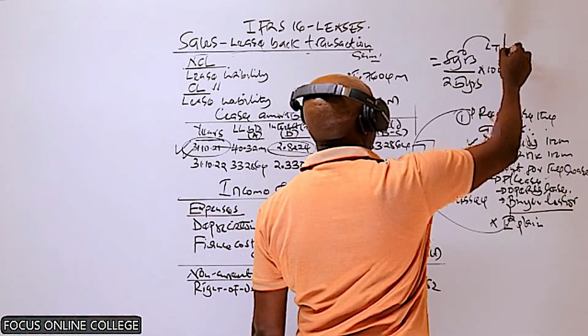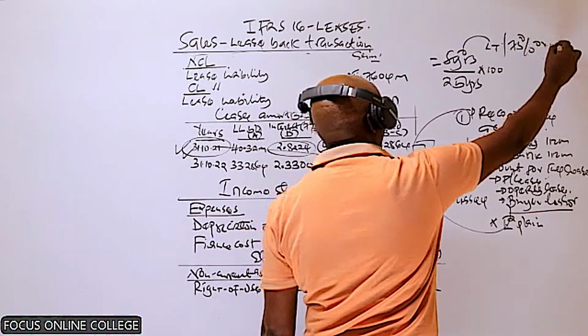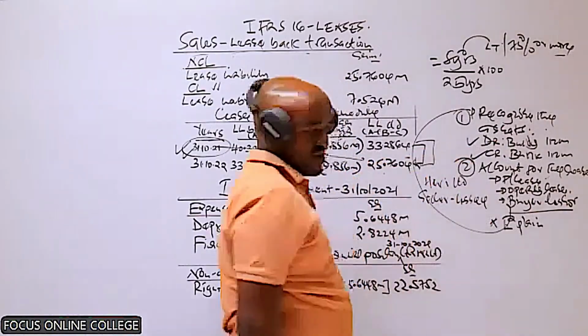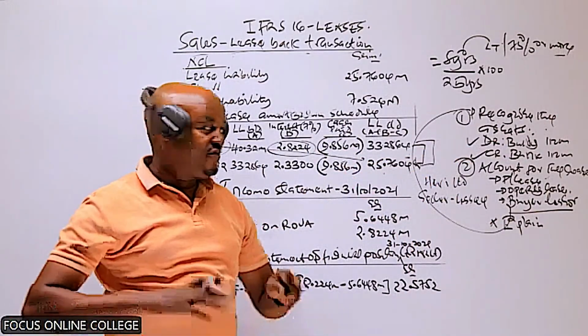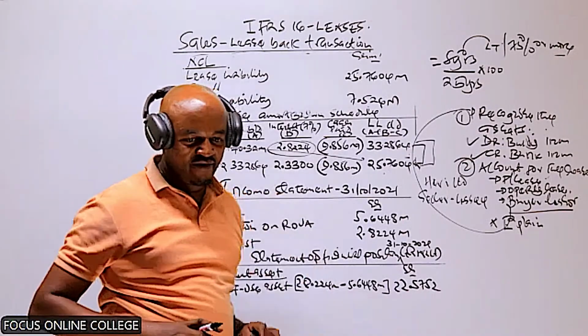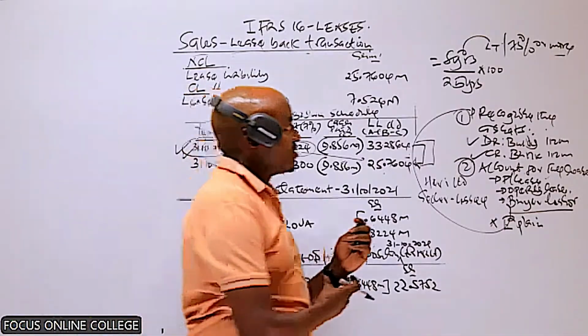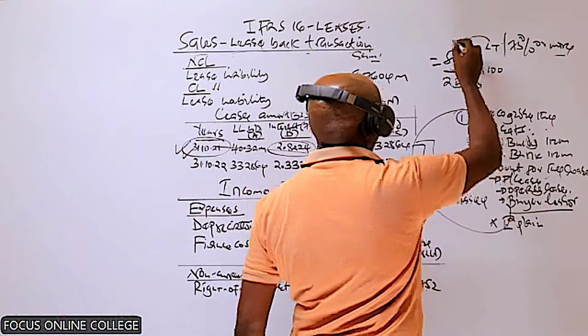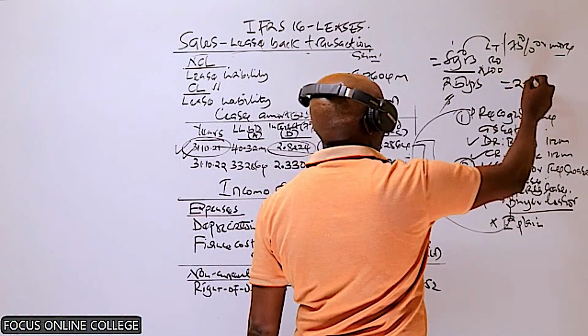And actually, we say if you get a rate which is 75% or more, that automatically is what? A finance risk. If you get a rate which is less than 75%, is an operating what? Risk. Yes. So this will give us what? 5 over 25, so this will give us 20%.